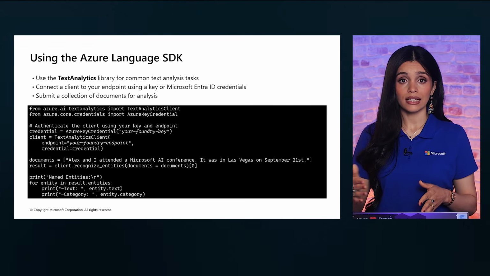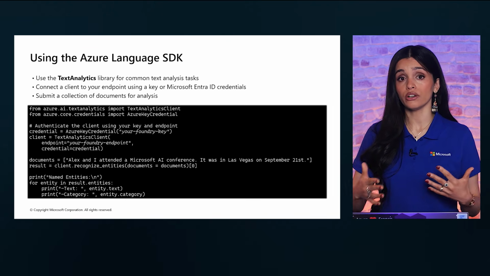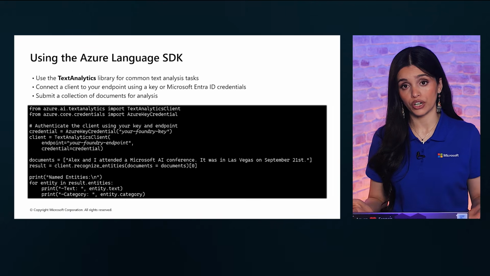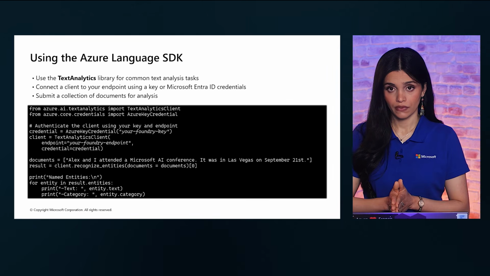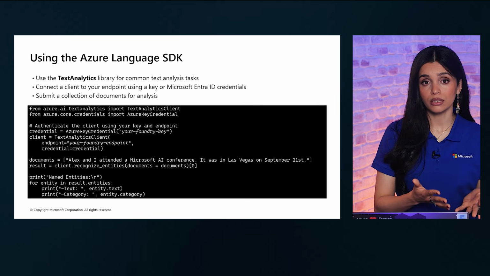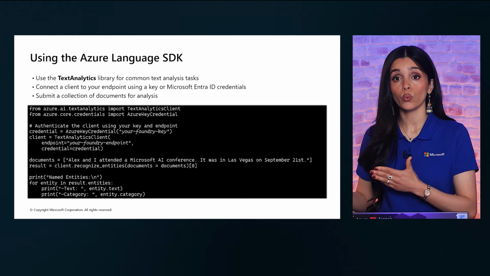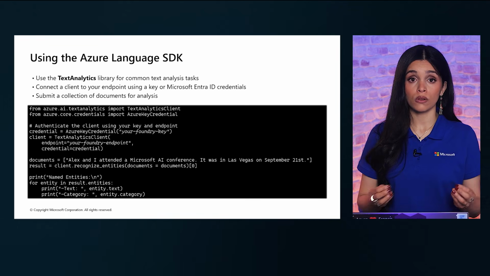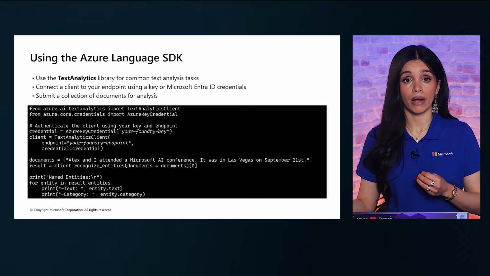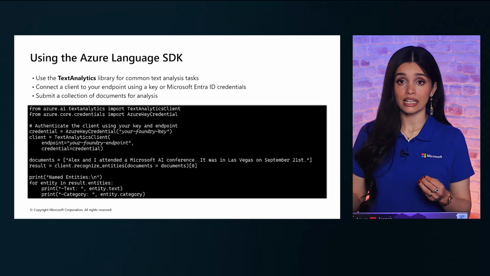From here on, this client represents a secure connection to Azure Language in Foundry. Now we reach the data itself. The documents variable contains the text we want to analyze. In this example, it's a simple sentence about attending a Microsoft AI conference in Las Vegas.